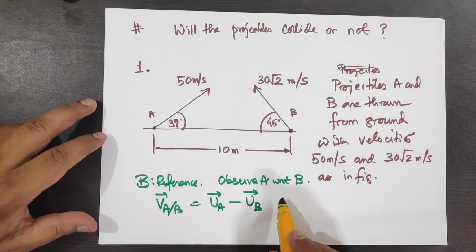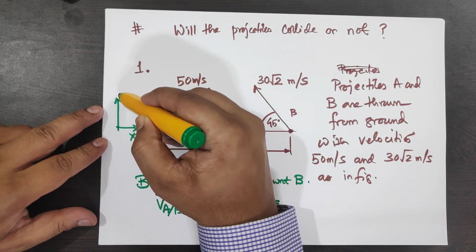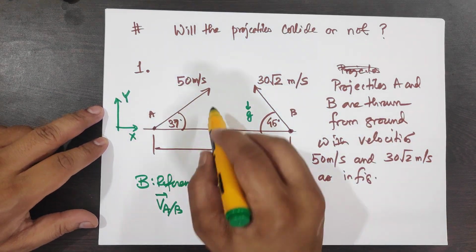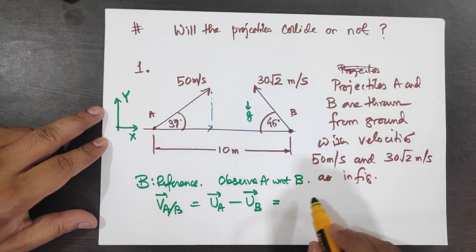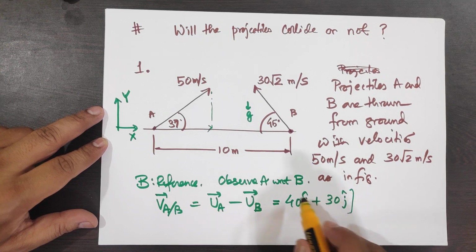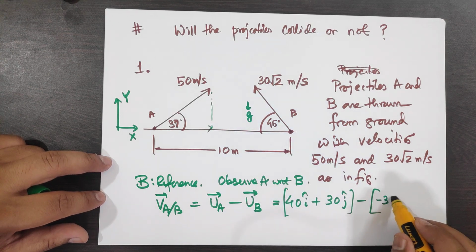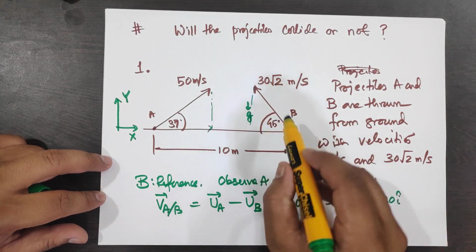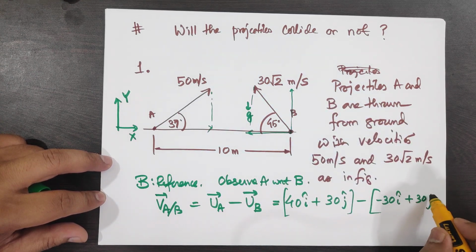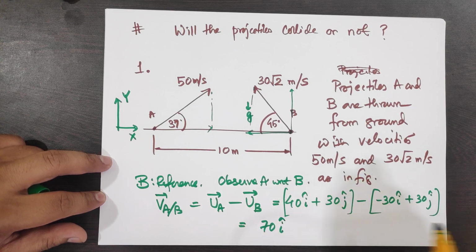So what's UA? If you choose this as x-axis and vertically upwards as y-axis, this component is 40, so 40 I cap plus 30 J cap, minus UB, which is minus 30 I cap, these were 30 and 30, plus 30 J cap. So what do you get after subtracting? 70 I cap.